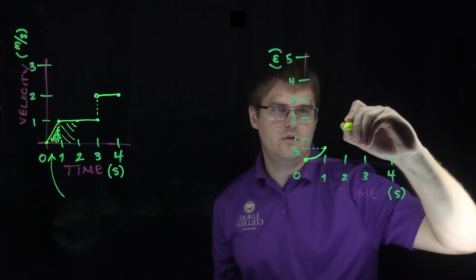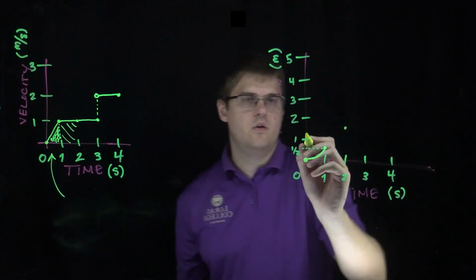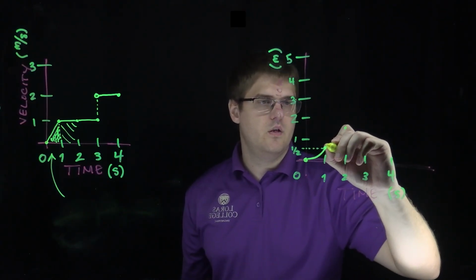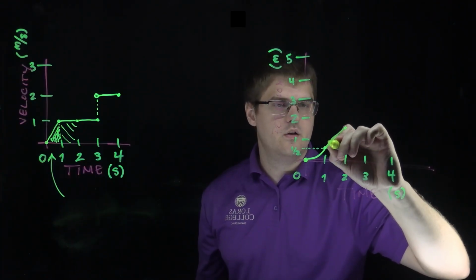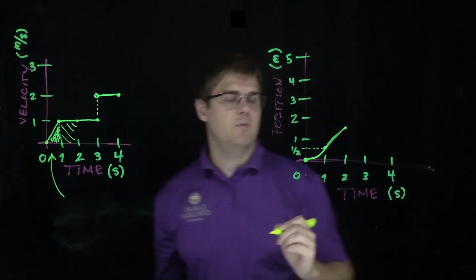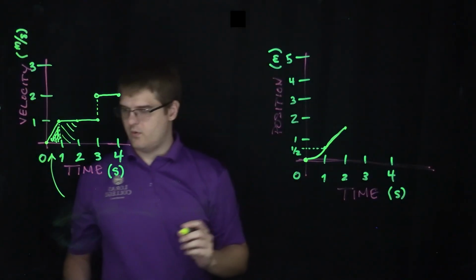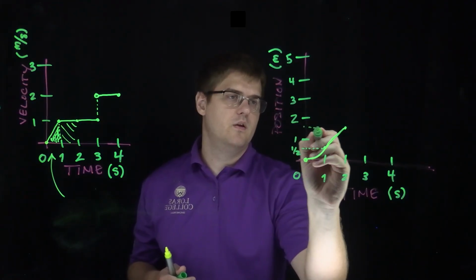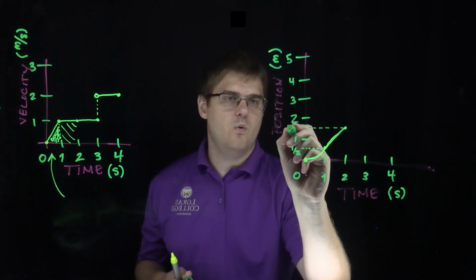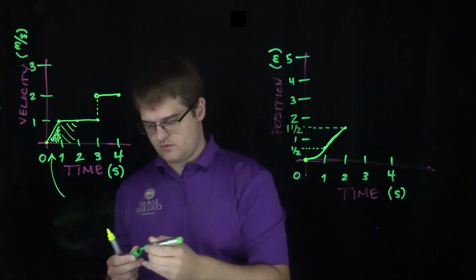So this guy right here is going to be, I can't draw a straight line. Oh, it doesn't smudge, that's perfect. Is going to be right there, and that is going to happen to be at 1.5.